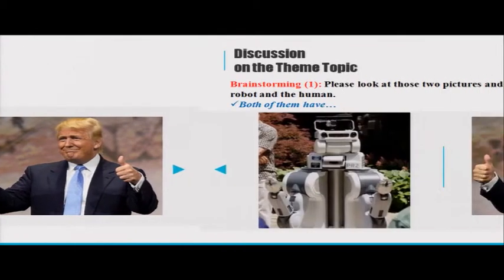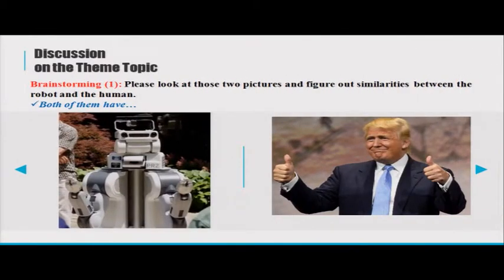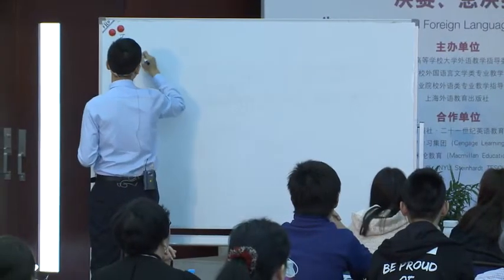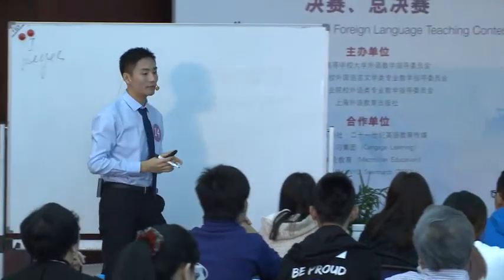Please look at those 2 pictures and figure out the similarities between the robot and the human. Use this pattern. For example, both of them have eyes. Anything else? This young lady?